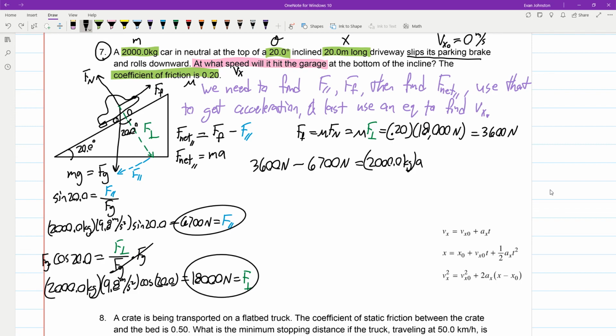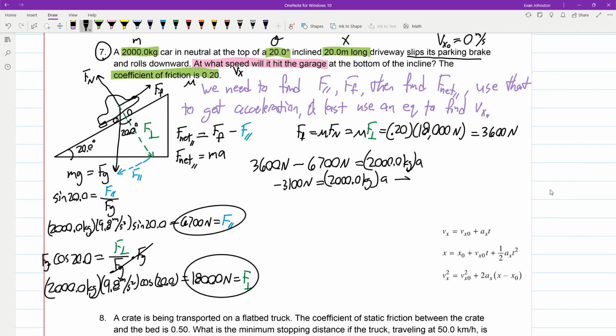And so I end up getting from this that we have negative 3,100 newtons is equal to, actually, let's put this down on a lower line. I get negative 3,100 newtons is equal to this 2,000 kilograms times a.